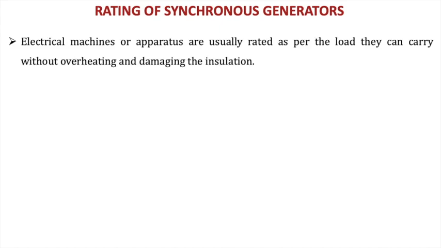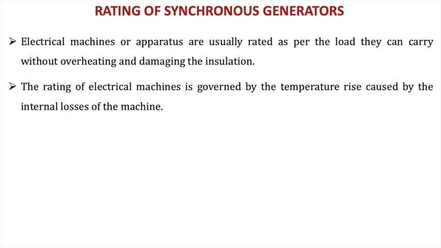So the ratings of the synchronous generators are given in kVA. Now, why is it that usually electrical machines are rated in kilowatts and not kVA? Because they carry the load without overheating and damaging the insulation. So the rating of electrical machines is governed by the temperature rise, and that is caused by the internal losses in the machine itself.